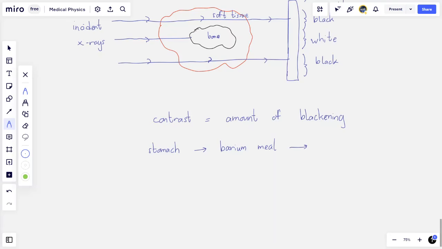Barium itself absorbs X-rays, so we get white regions where the X-rays are being absorbed if we pass the X-rays through their stomach, and we can see if there are any issues in the digestive tract. And there are other places we can use X-rays, not always only for bone. We can use it for other tissue-related issues, etc.